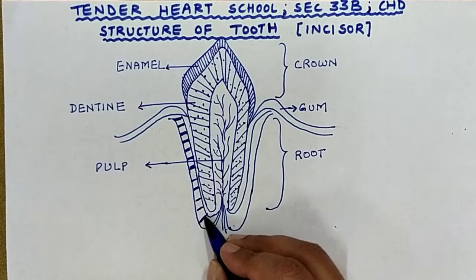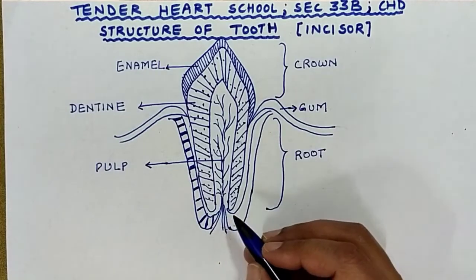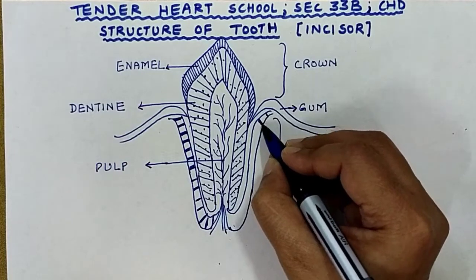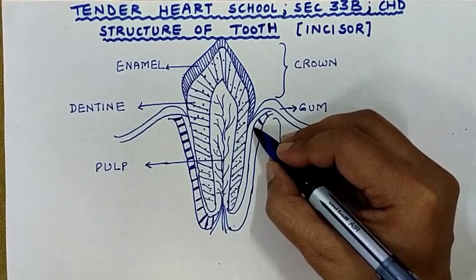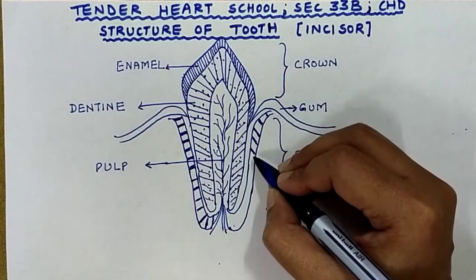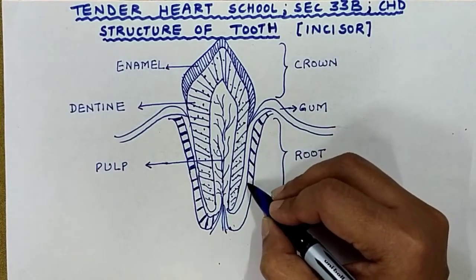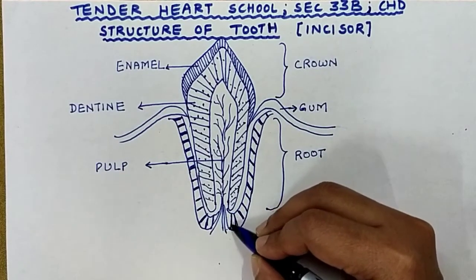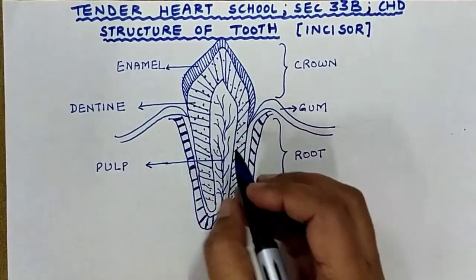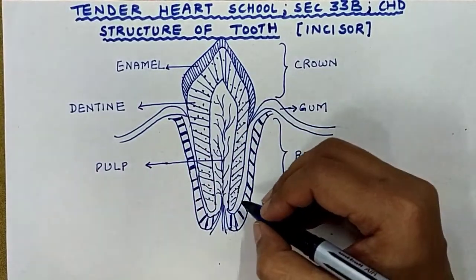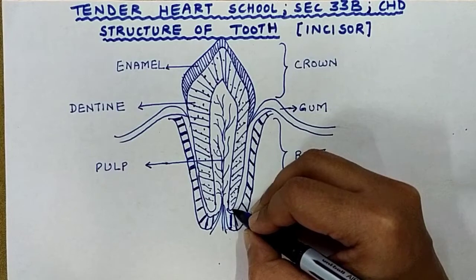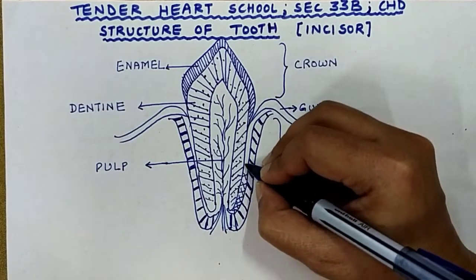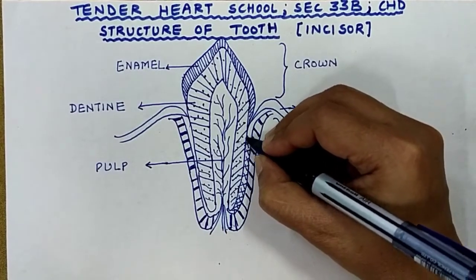Cement is another bone-like structure which is covering and fixing the tooth, the root of the tooth, in position. Got it? So this part, this is the cement region.